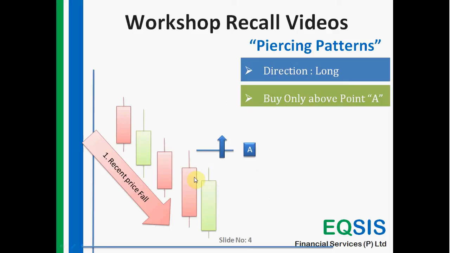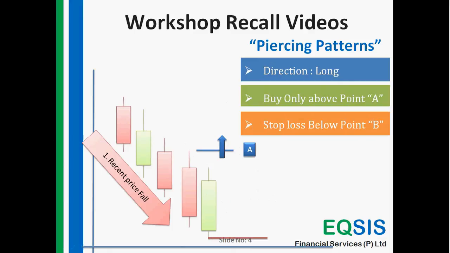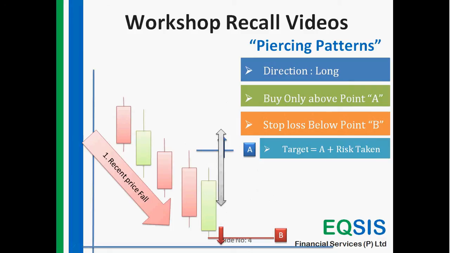If the highest of those two highs is taken out by the next day, then I buy the stock, and I keep the stop loss at the lowest of those two, generally the previous day's low when it comes to the piercing pattern. We should expect the target to match the risk we have taken. A to B is the risk we are taking: we buy the stock at A and place the stop loss at B, so we expect the target to be this much.